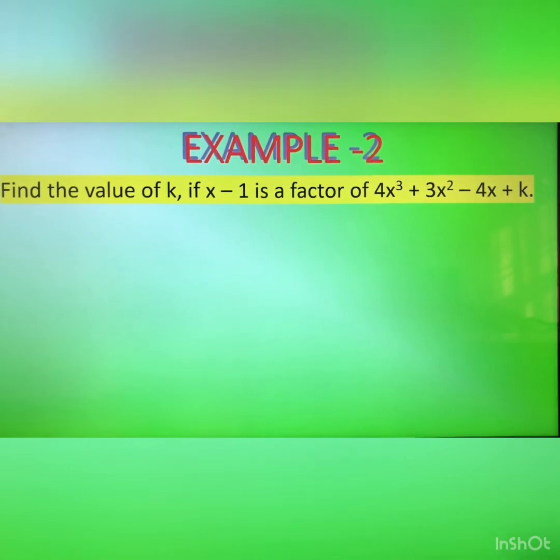The zero of this polynomial comes from x minus 1 equal to 0. Transpose 1 to the right side, you will get x equal to 1. When you put 1 in place of x, you will get the result 0 according to the factor theorem. So let us understand the next step.